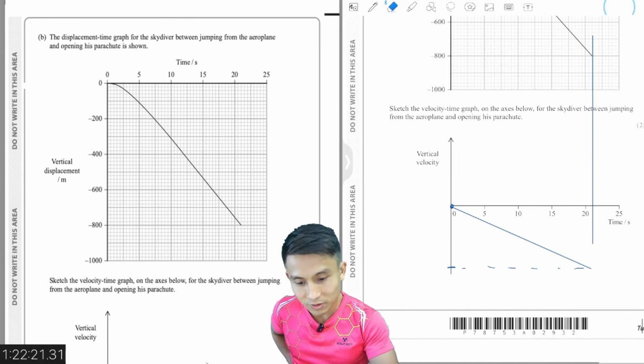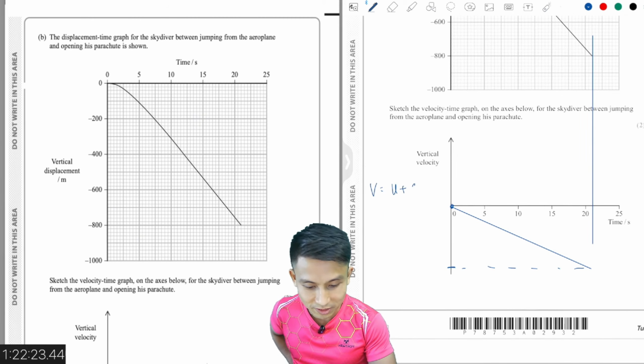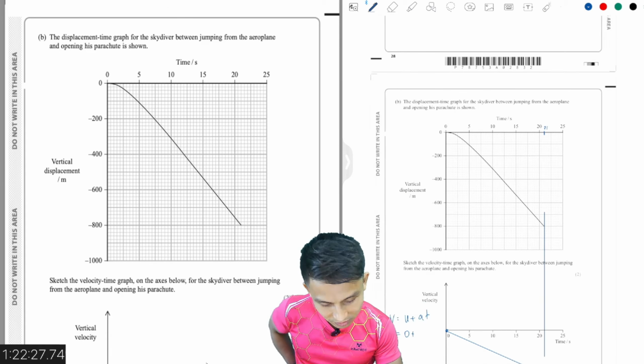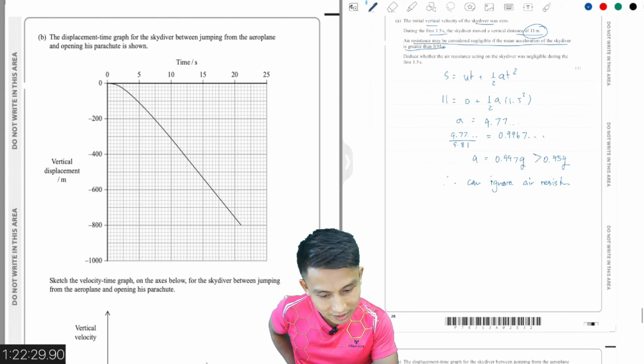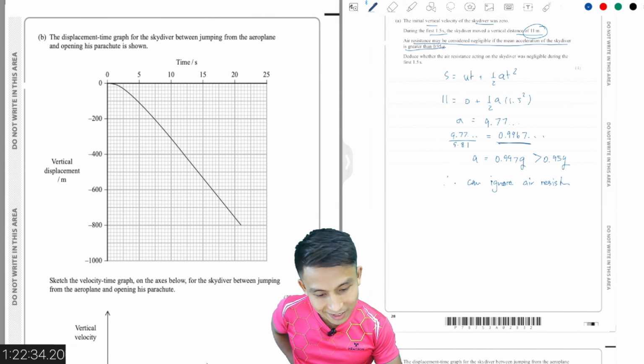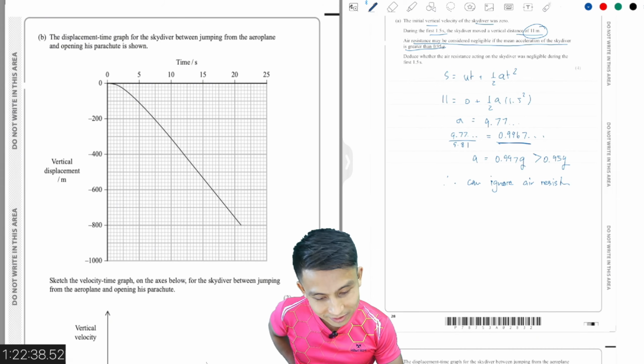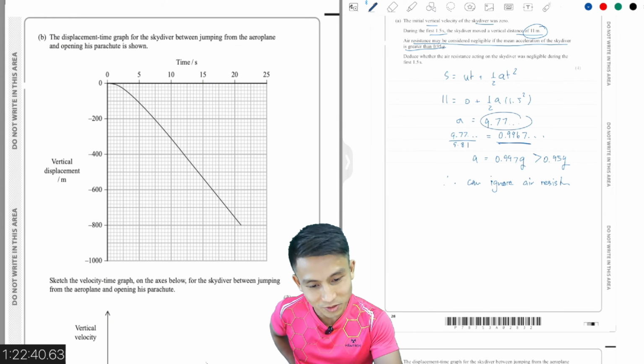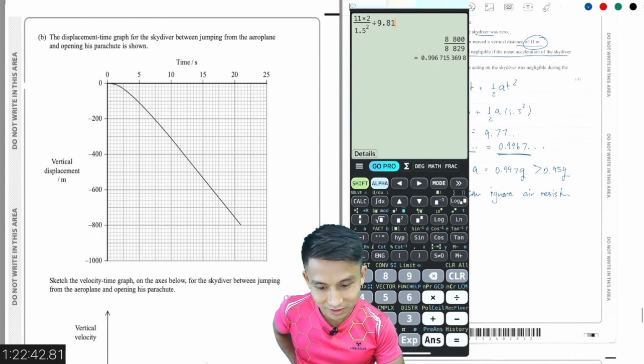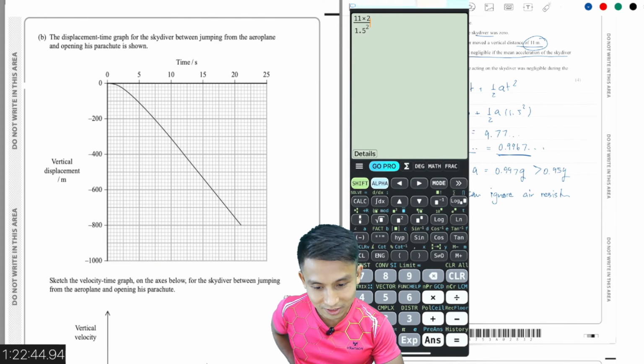Yeah, it's fine. We can find the velocity, v equals u plus at, because u is 0 and a is just going to be accurate, right? So we're going to take this, 0.9, wait, that's 0.9. I should have got this more accurately.